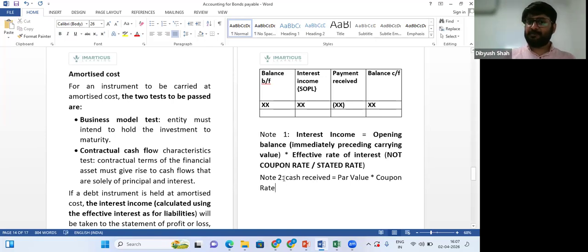That is cash received, because the contractual payment will be as per the agreement, that is whatever the face value or par value was multiplied with the coupon rate. But interest income, which is what will be recorded as income in the P&L account, will always be the opening balance, that is the immediately preceding carrying value, times the effective rate of interest.